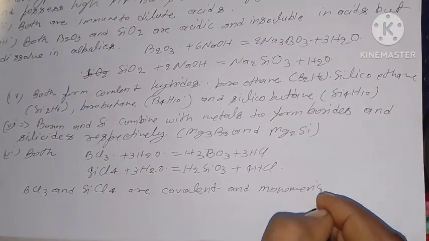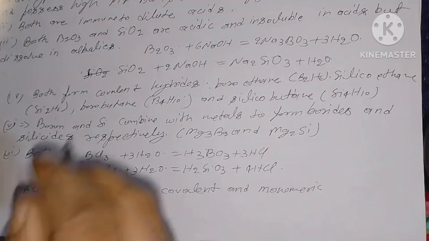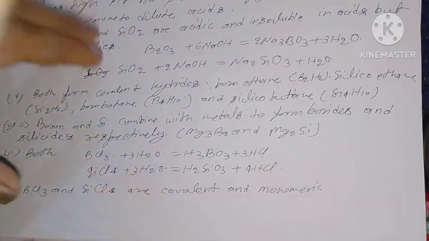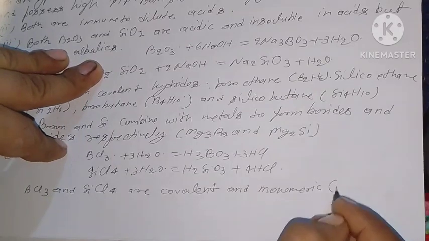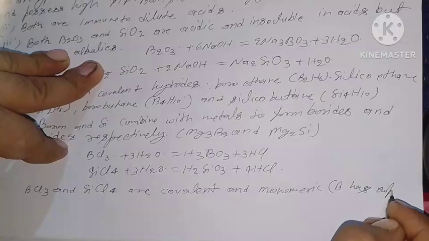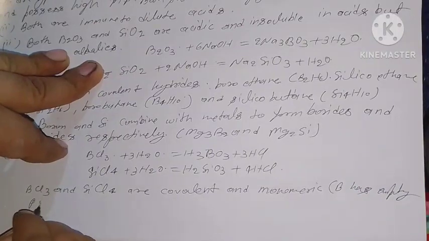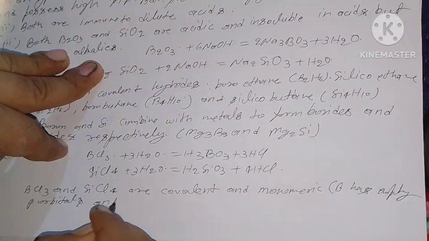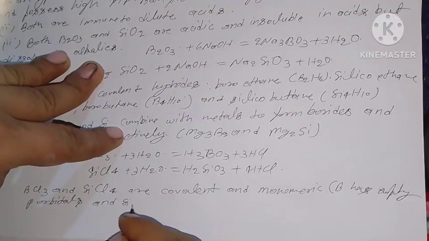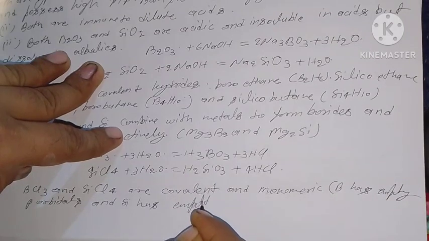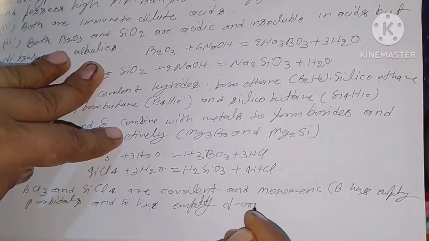Boron has empty p orbitals and silicon has empty d orbitals.